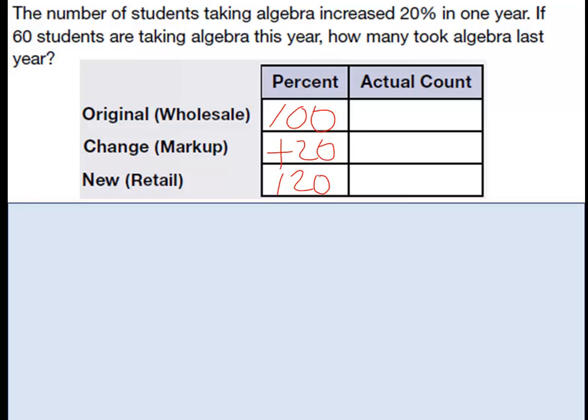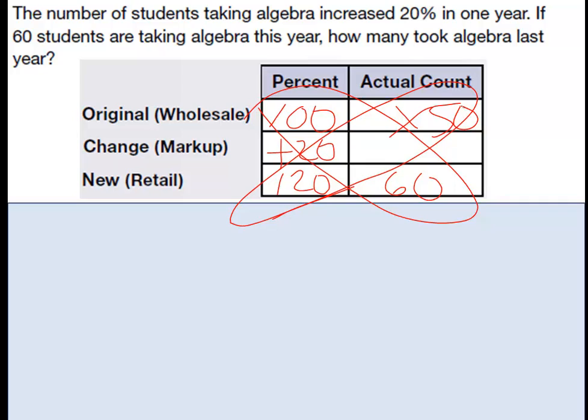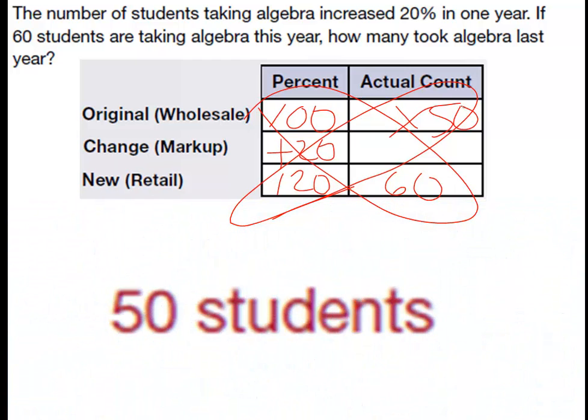If 60 students are taking algebra this year, this is my new year, not the old year, how many of them took it last year? We're going to cross multiply: 60 times 100, divide that by 120. We know 60 divided by 12 is 5, so that is 50. Doesn't that make sense, that it would be about 50 students if it went up 20% to 60? Sure it would.